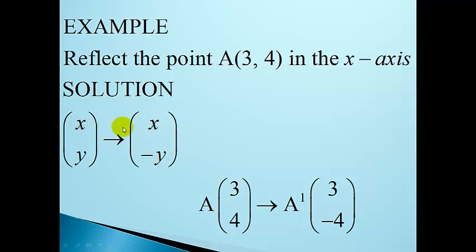That is, the x coordinate remains the same, but the y coordinate is negated. So 3 remains the same, but the y coordinate 4 is negated. So A', the image of A(3, 4), is (3, -4).